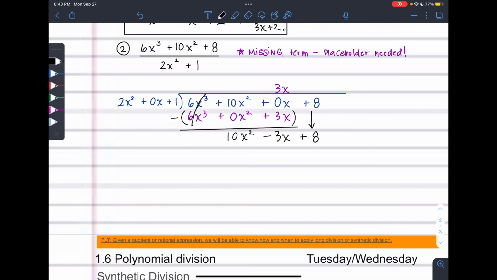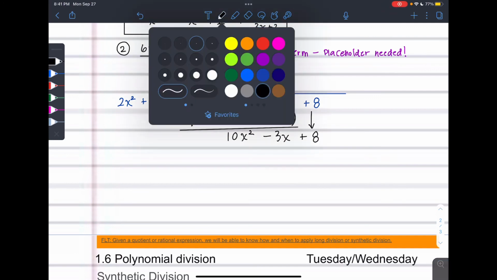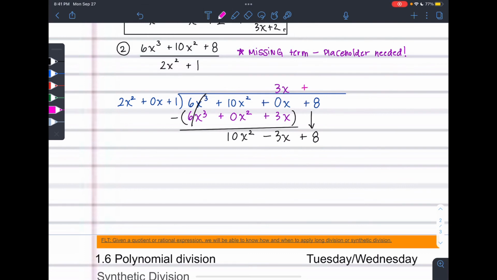Next line, again, we're going to compare 2x squared to this line here. 2x squared times 5 gives us 10x squared. So that 5 will go above in our quotient line, and we'll multiply it out and write it underneath. 5 times 2x squared is 10x squared. 5 times 0x is just 0x.